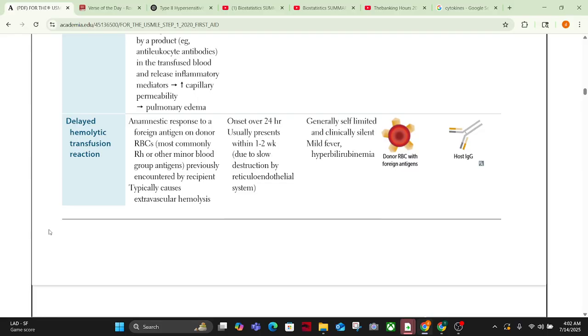Onset for delayed hemolytic transfusion reaction is over 24 hours. Usually presents within 1 to 2 weeks due to slow destruction by the reticuloendothelial system. Generally self-limited and clinically silent. You have mild fever and hyperbilirubinemia.